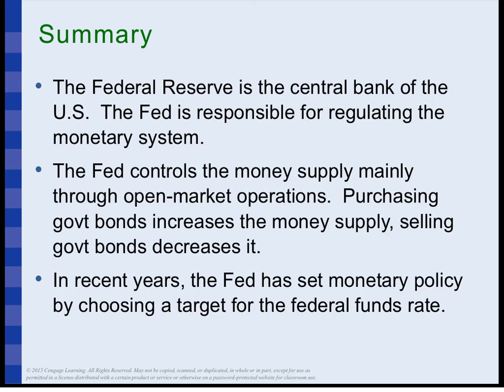The Fed controls the money supply mainly through open market operations by selling and buying bonds, which will increase or decrease the money supply. So you need to know how buying and selling bonds will affect the money supply. In recent years, the Fed has set monetary policy by choosing a target for the federal funds rate.